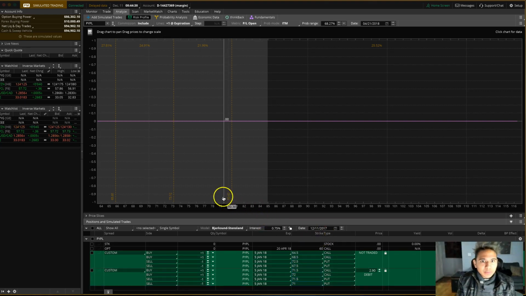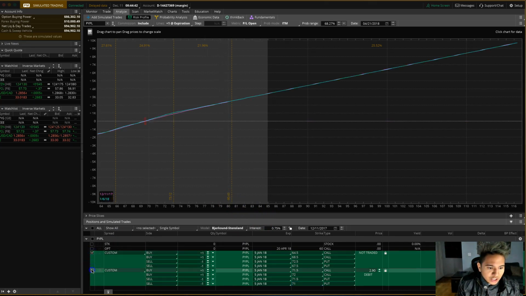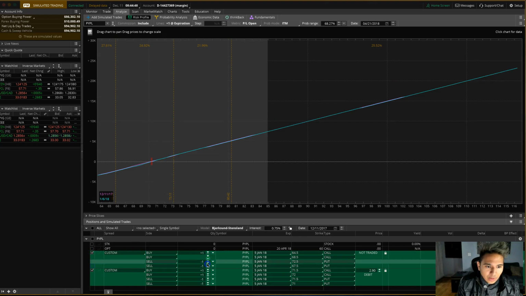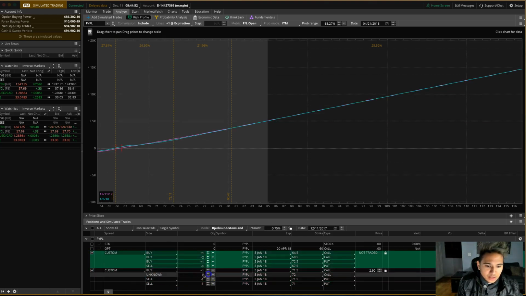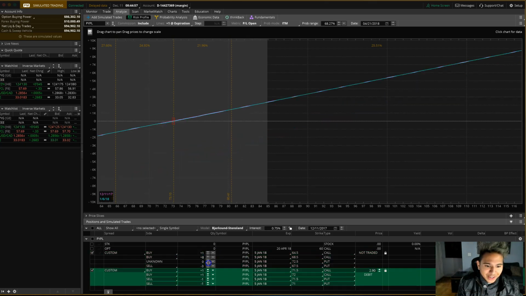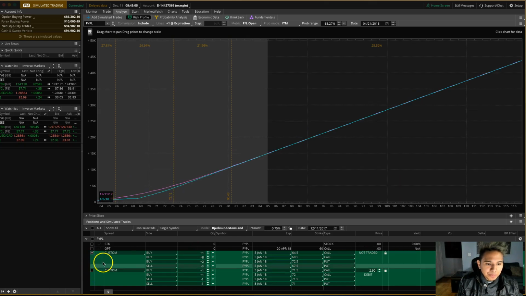We unchecked all of it, so that's why they all disappeared. But if you check mark specifics and then you kind of fiddle with them, you add, you take away, it'll kind of tell you what would happen under different circumstances, which is awesome, especially if you're a little newer. Not that I would recommend trading options like this if you're a little newer anyway, but you can see some benefits here. So I think that's pretty cool.